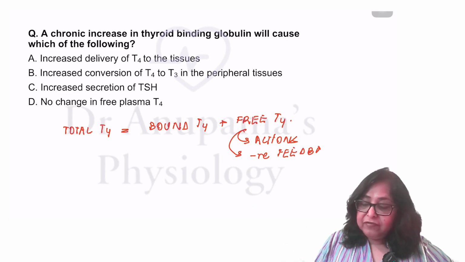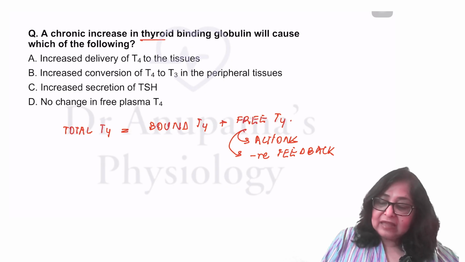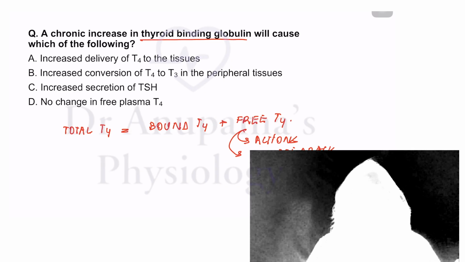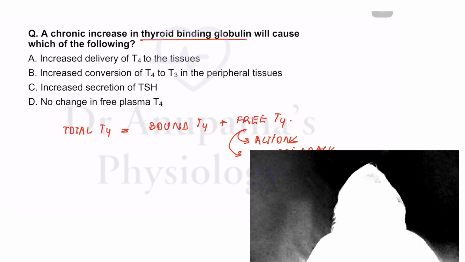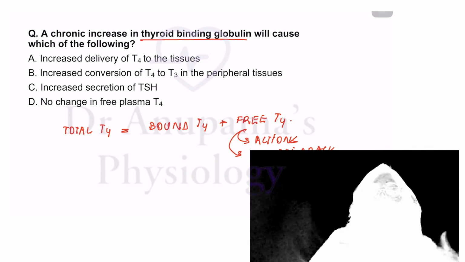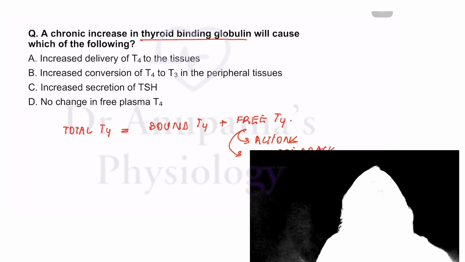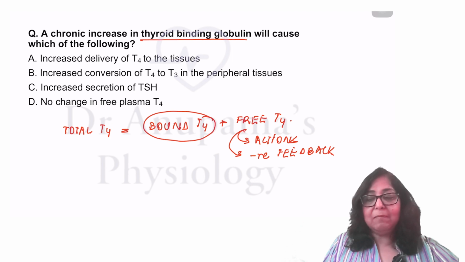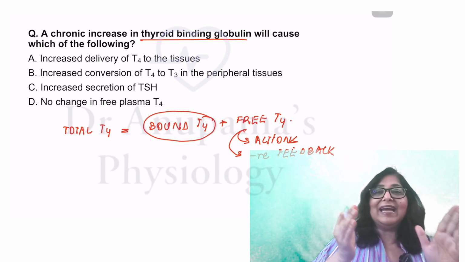So now, if there is a chronic increase in thyroid binding globulin, the binding protein has increased. Most of T4 is bound to TBG. Now we've increased the TBG. If there is an increase in TBG, what will happen to the bound T4? More of the free T4 will get bound.